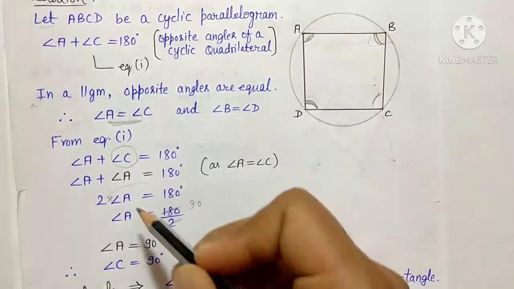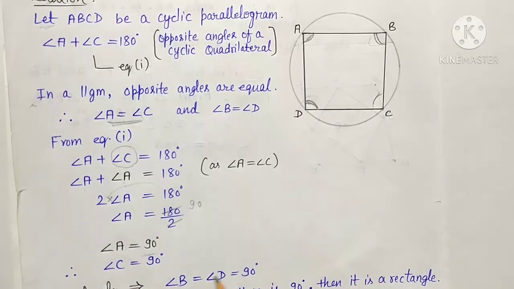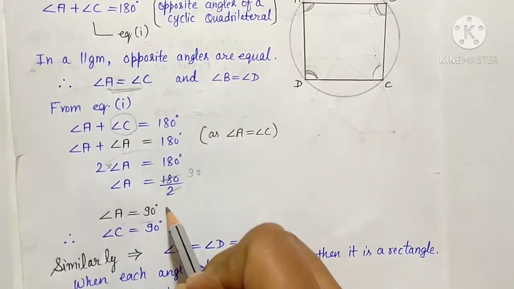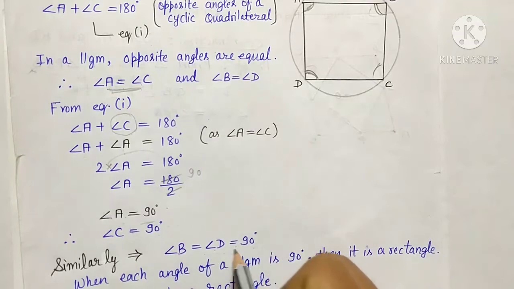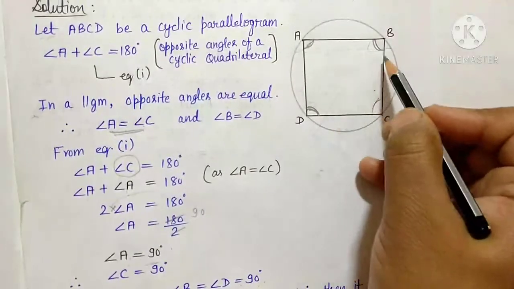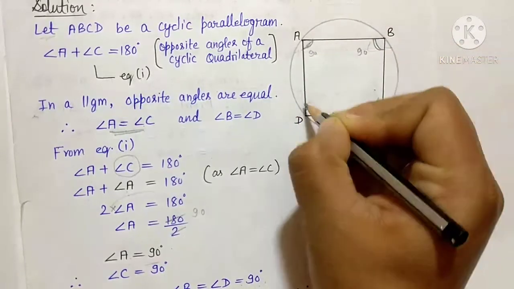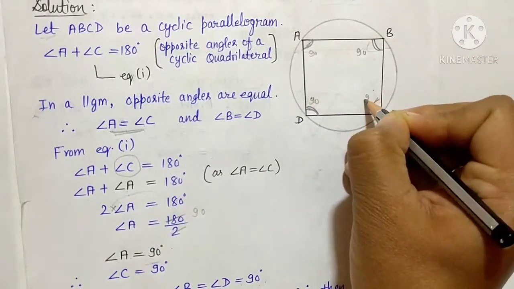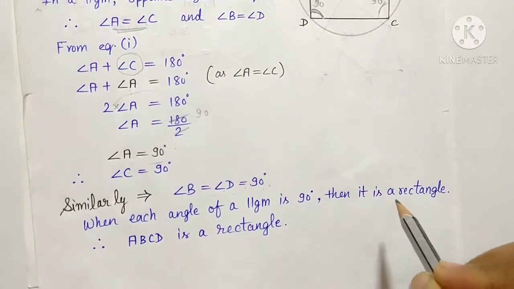So 2 will come downside as before, and angle B becomes 90 degrees. If angle B is 90, then angle D will also be 90. So angle A is 90, angle B 90, angle C 90, and angle D is also 90 degrees. When all the angles of a parallelogram are 90 degrees each, we can say that it is a rectangle.